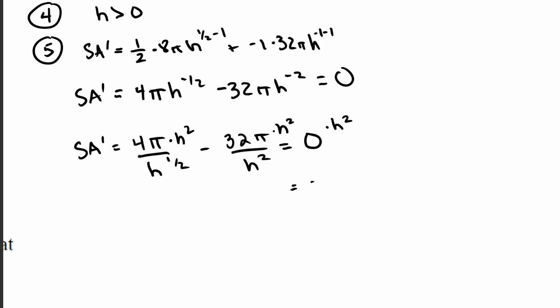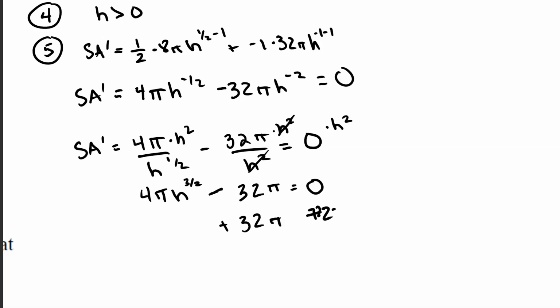I'm going to have 0 on my right hand side. These h squareds cancel, so I've got 32 pi. And then h squared and a half h becomes h to the 3/2 because we subtract those exponents, and we've got 4 pi. We're solving for this, so add 32 pi to both sides.